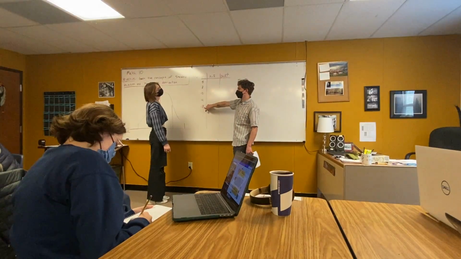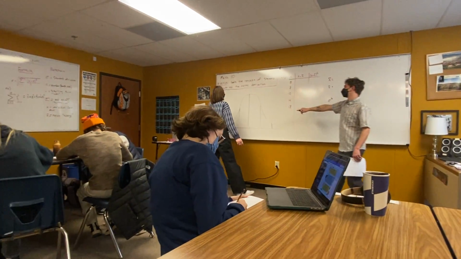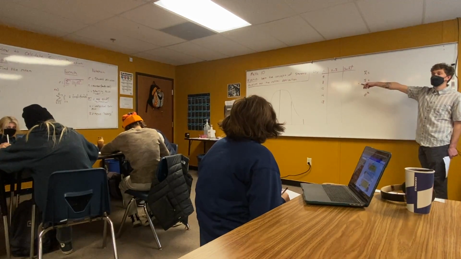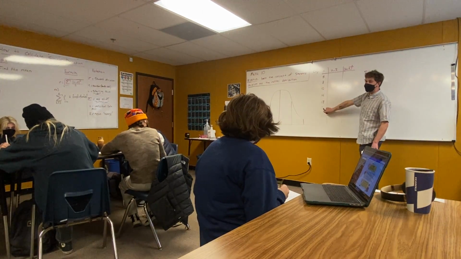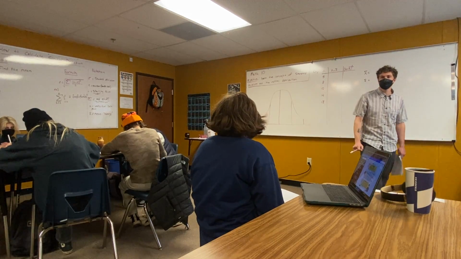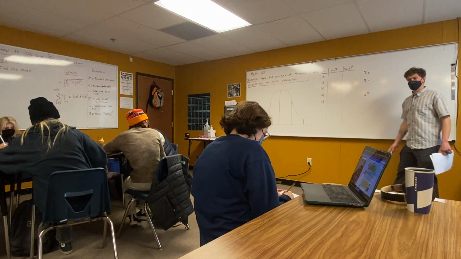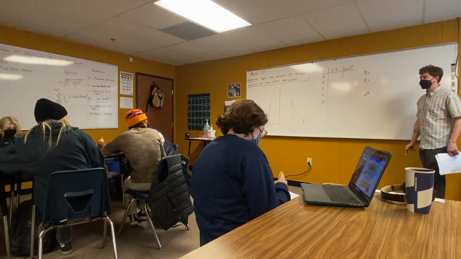Alright, so your data points should be 5, 8, 10, 14, and 18. So I need to find the average of these numbers. How do I do that? Find the average of those numbers, with this new thing that we just learned.